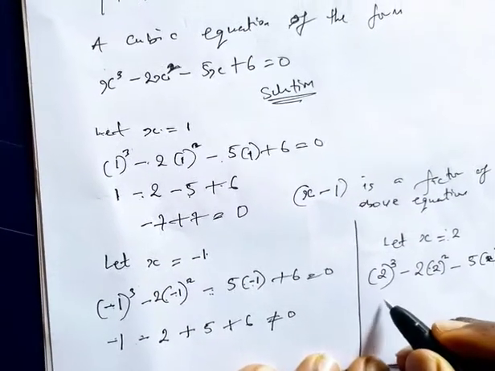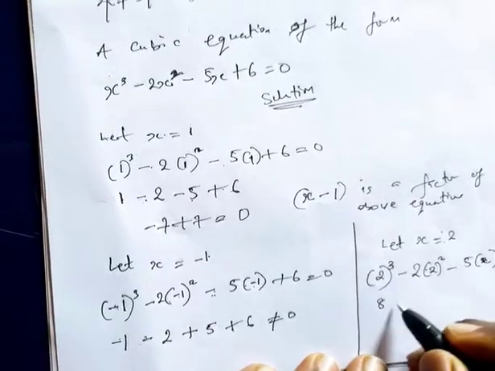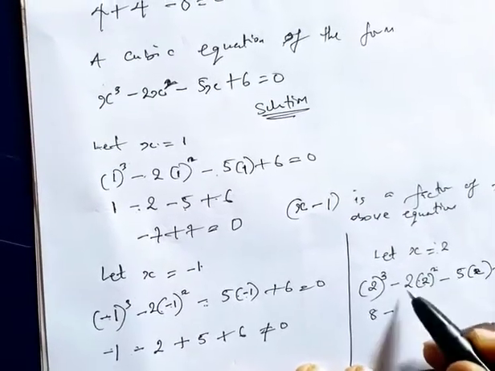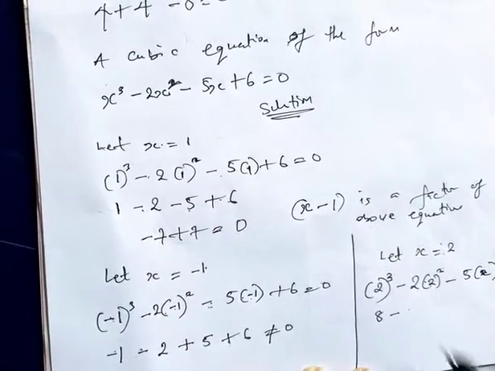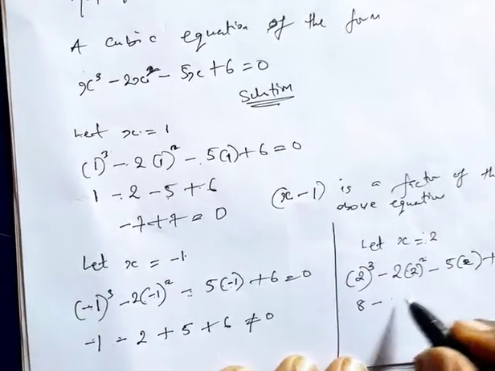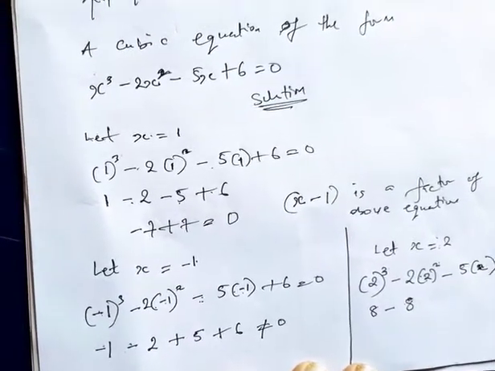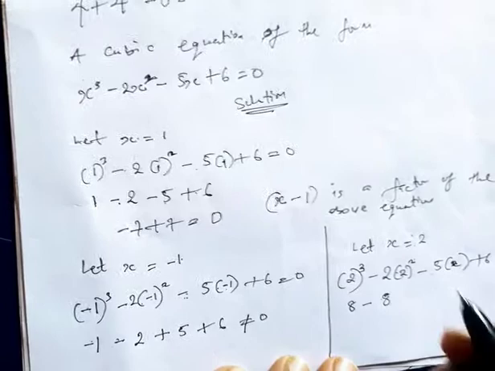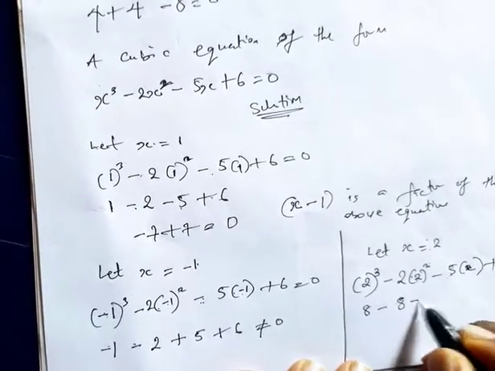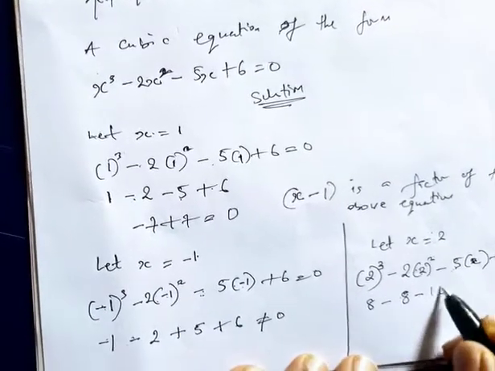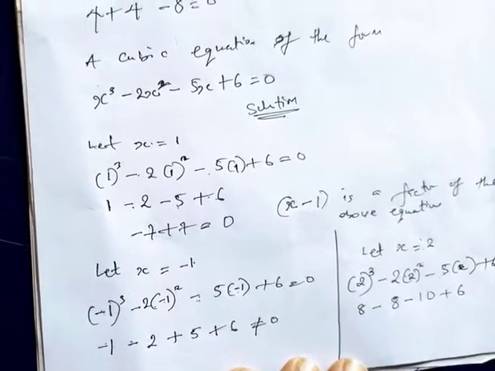This gives me 8 minus, this gives me 4, and this gives me negative 10 plus 6.